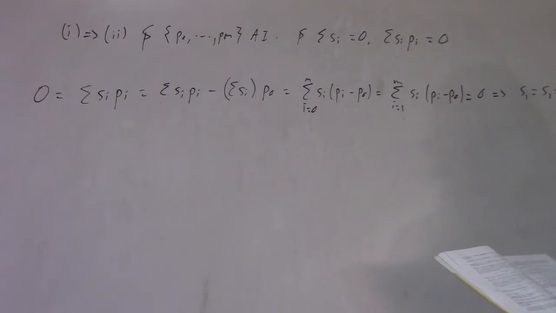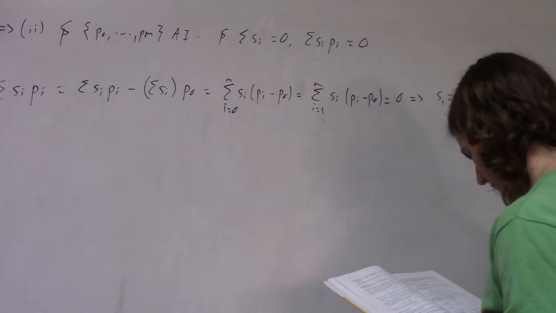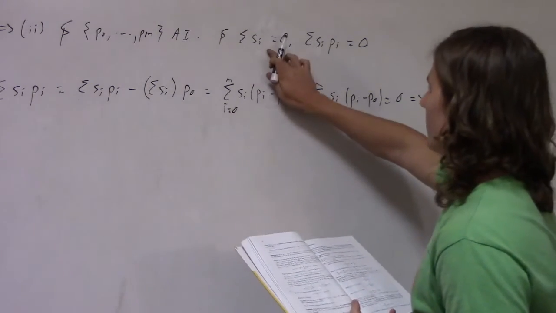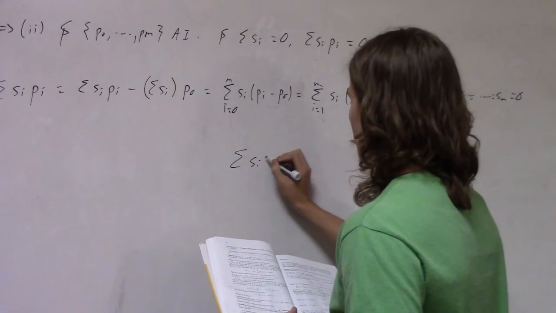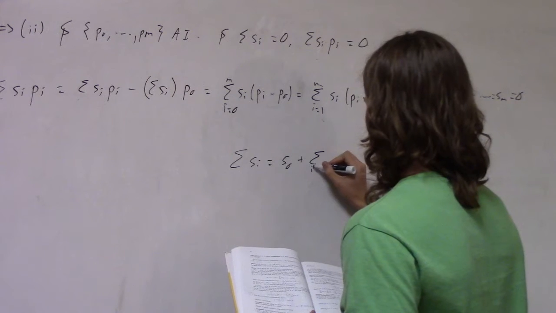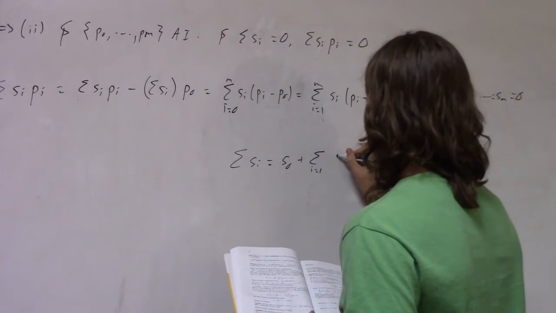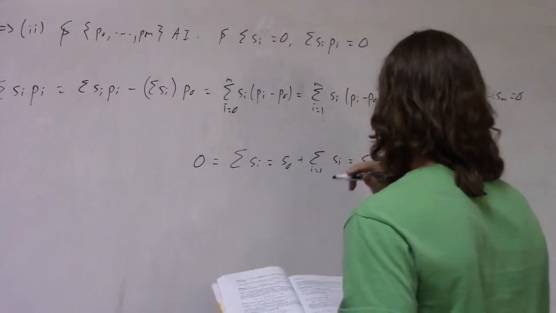And to show that S0 is 0: since the sum of all these is 0, the sum of Si equals S0 plus the sum from i equals 1 to m of Si, which is equal to S0, which is equal to 0.